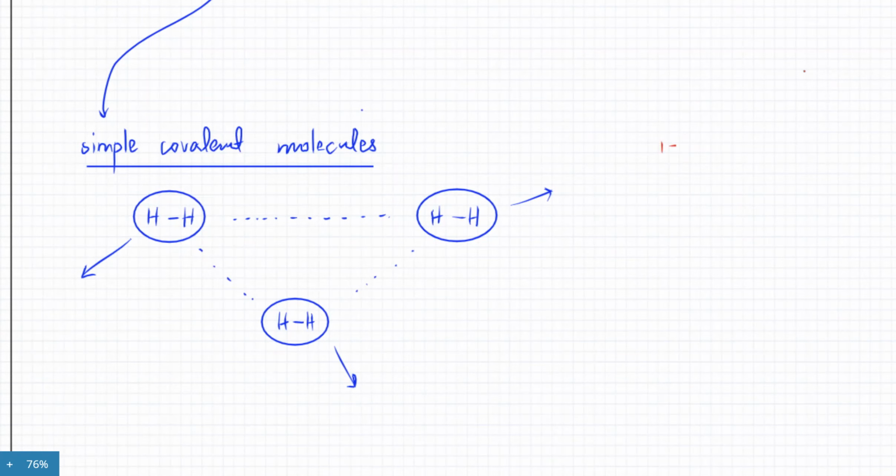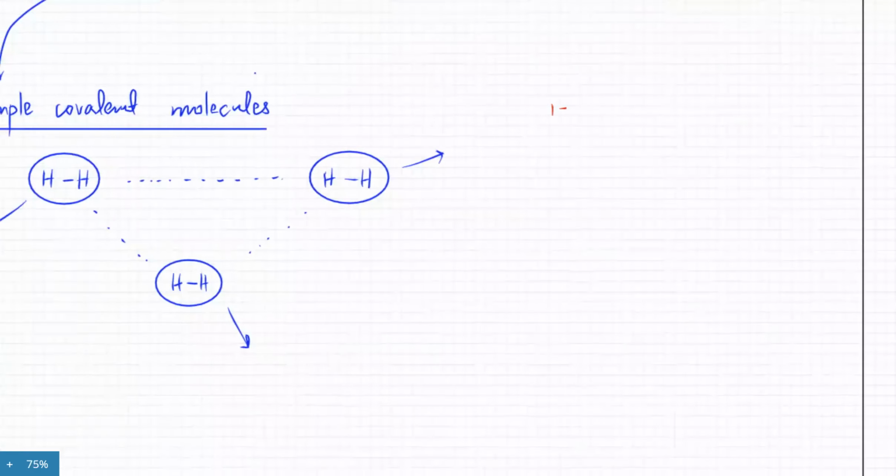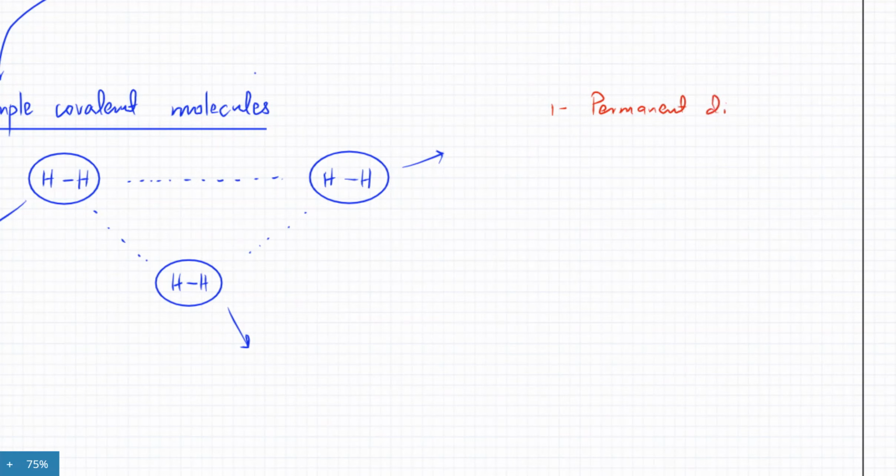There are three types of intermolecular forces. The first one is referred to as permanent dipoles. The second type is known as hydrogen bonds.